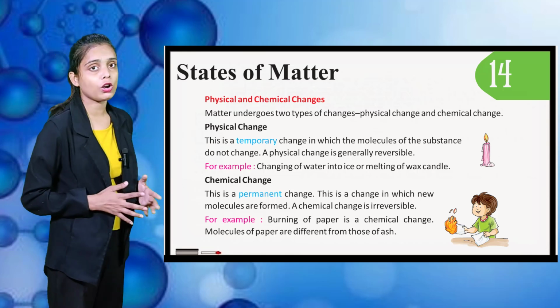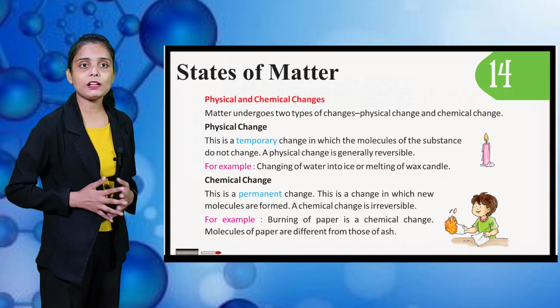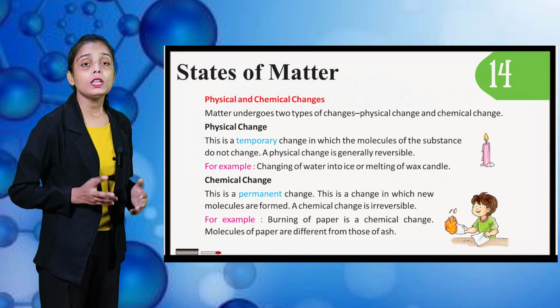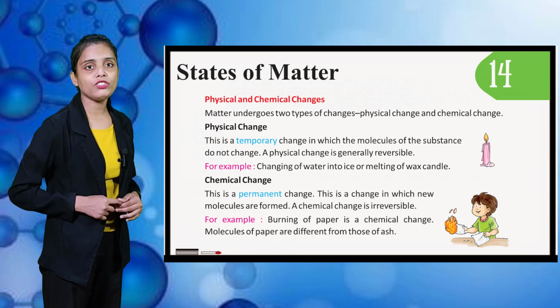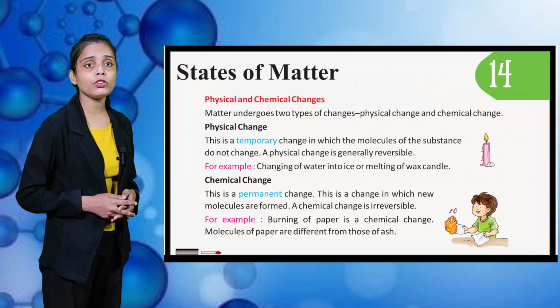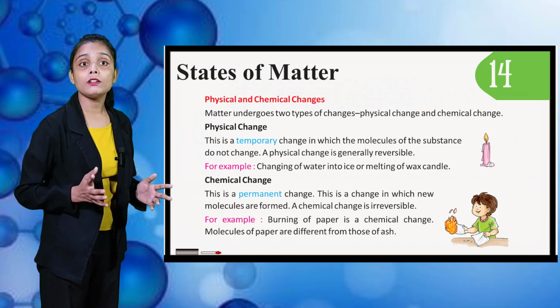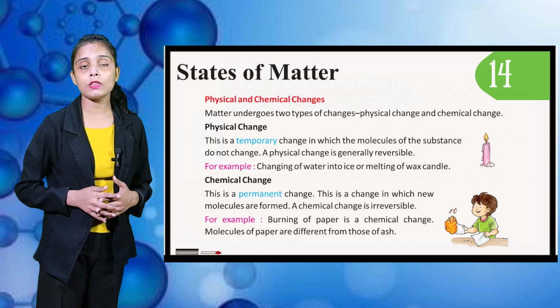Here you can see the picture of melting of a wax candle. Next is chemical change. This is a permanent change. This is a change in which new molecules are formed. A chemical change is irreversible. For example, burning of paper is a chemical change. Molecules of paper are different from those of ash. Here you can see the picture and you can have the idea.